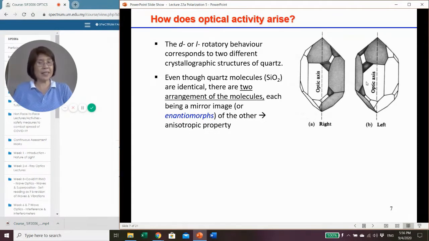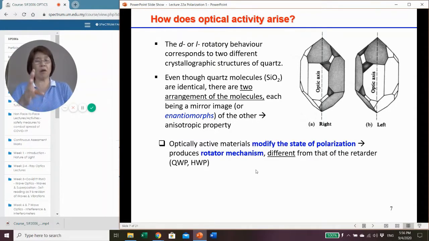They are identical, but they have two mirror image arrangements of each other, which we call enantiomorphs. And because of this, it brings out the anisotropic property when it interacts with the E field of light. So this material, which is optically active, would then modify the state of polarization, and it produces a rotator mechanism.